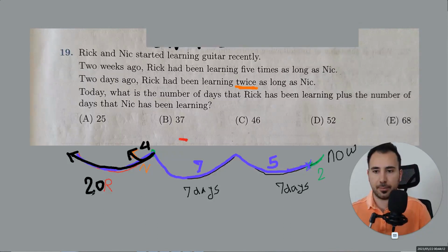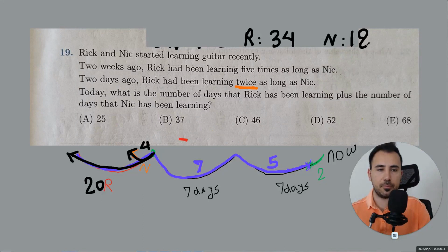So for Rick, 20 days plus 2 weeks, 34. For N, again, 2 weeks, 14 days, plus 4 is 18. So what is the sum of these two numbers? Okay, 52, I think, right? Yes, 52. So the answer is D.